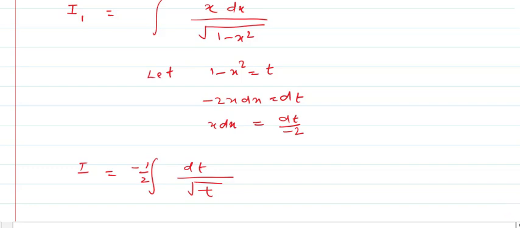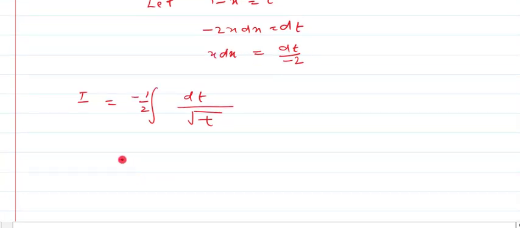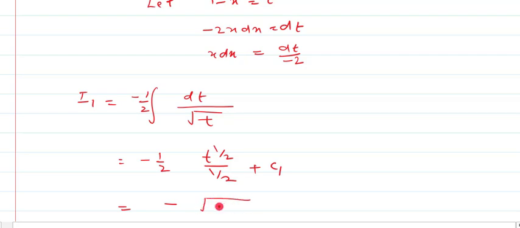So t power 1 upon 2, you know very well what the integration of it is. It is t power 1 upon 2 upon 1 upon 2 plus, let me name this c1. So clearly you are left with minus square root of 1 minus x square only, because t we have considered as 1 minus x square and power 1 upon 2 is the root of it, plus c1.